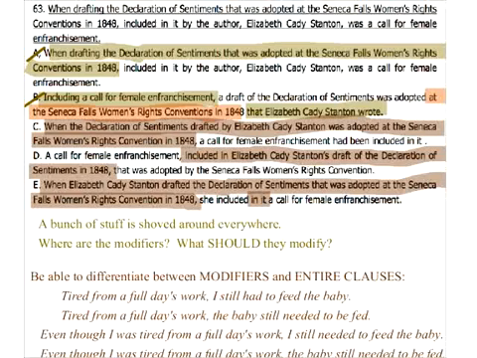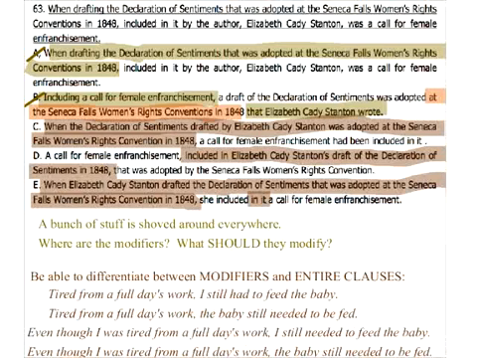Okay. What's important to understand here is that modifiers have to modify stuff and full clauses don't. So these are modifiers, the ones that say tired from a full day's work. Like that's a modifier.